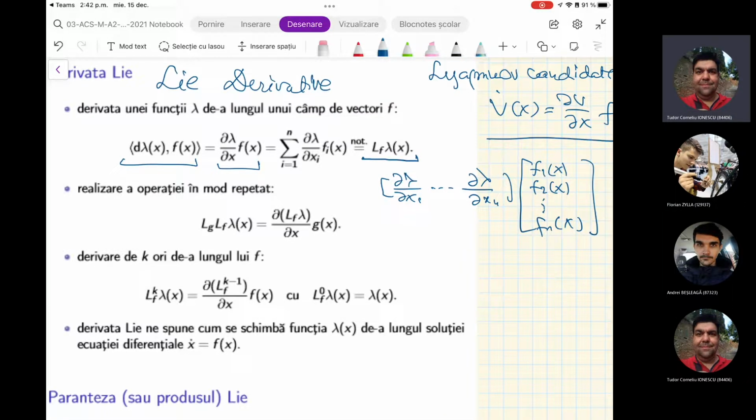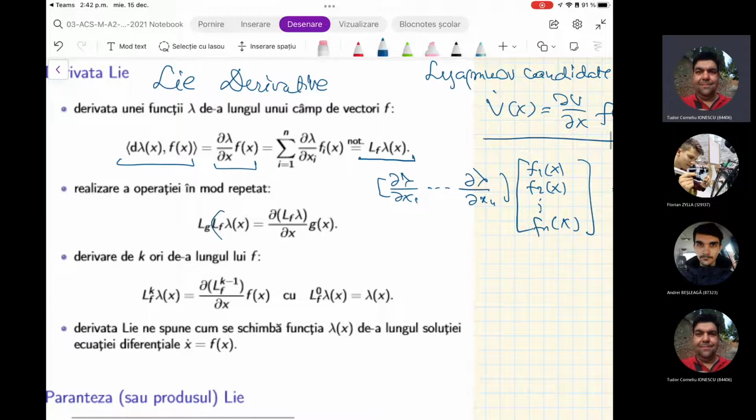Now you can repeat this operation with another function g. So L_g of L_f of lambda is dh dx g(x), where you call this h(x), and h is L_f lambda. So you get this relation.